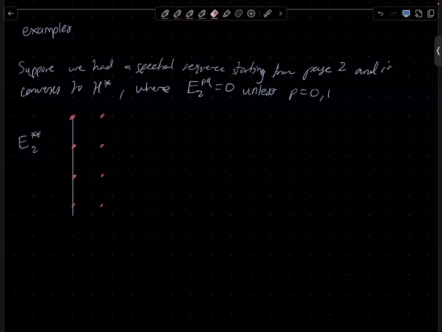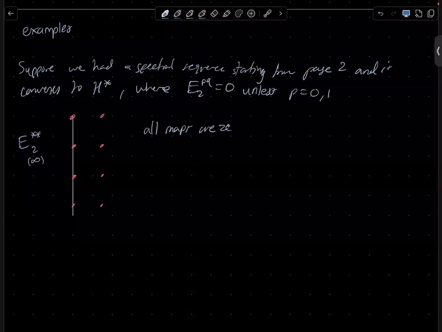And what does that tell us? It stabilizes. This is done. This is actually the E infinity page for all of the nodes. So all the maps are 0.